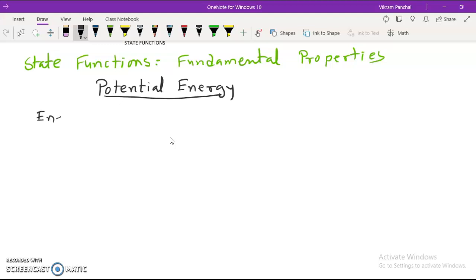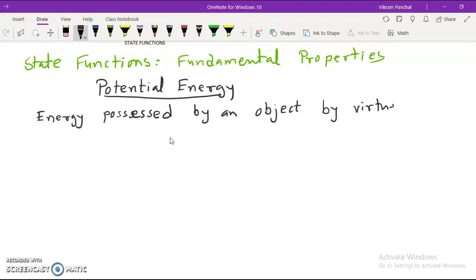It is energy possessed by an object by virtue of its position relative to others is known as potential energy.